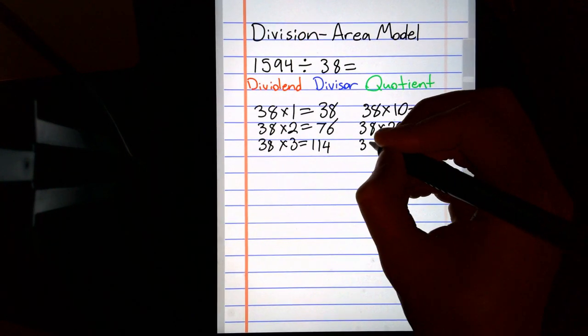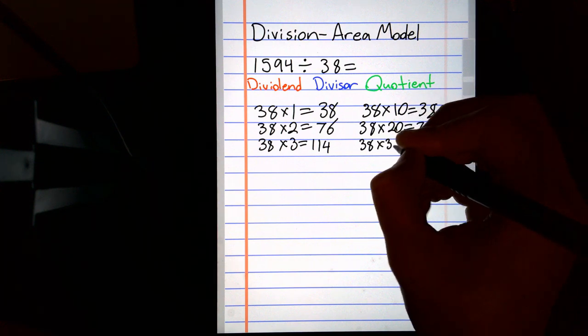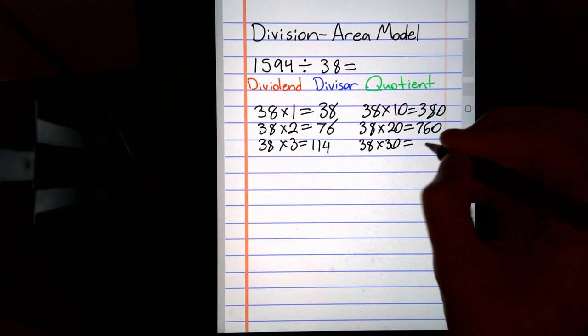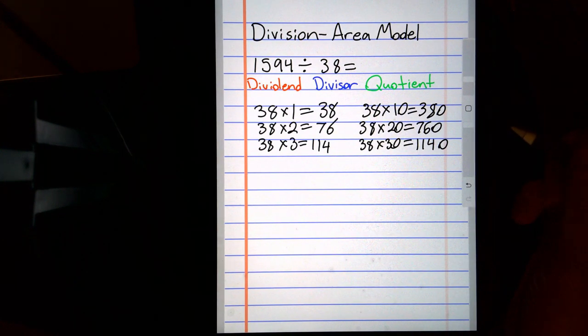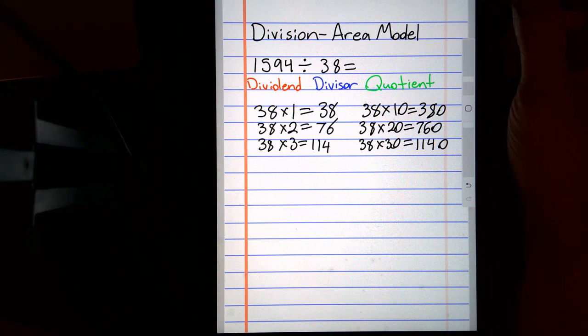We know that 38 times 30 equals 1,140. Now we can go ahead and stop here. If we need any more numbers, we can always come back to this step, but this is always a good stopping point to start off our next step with.